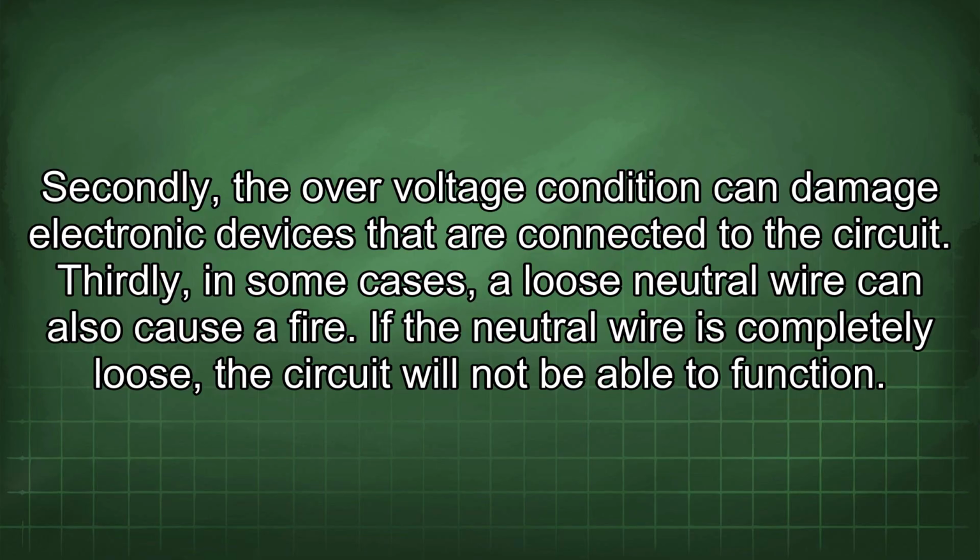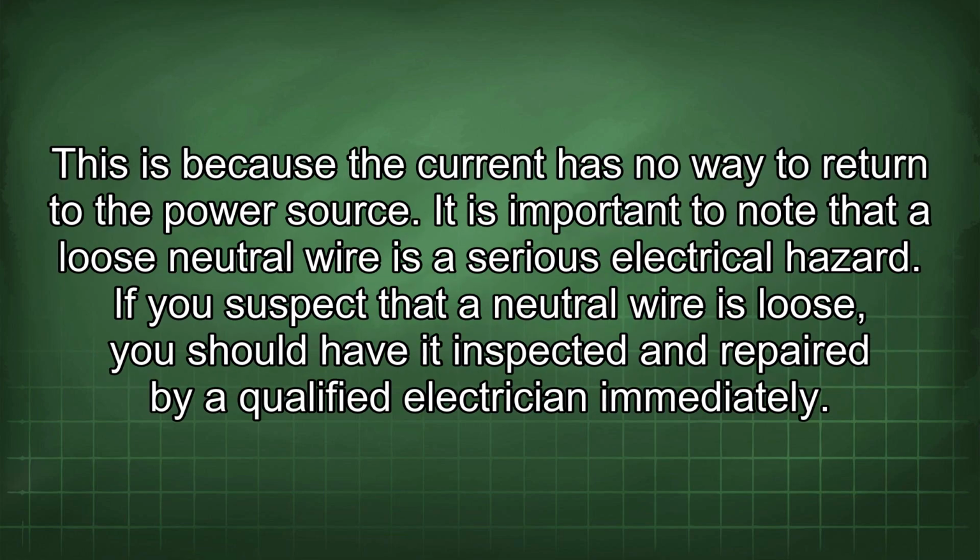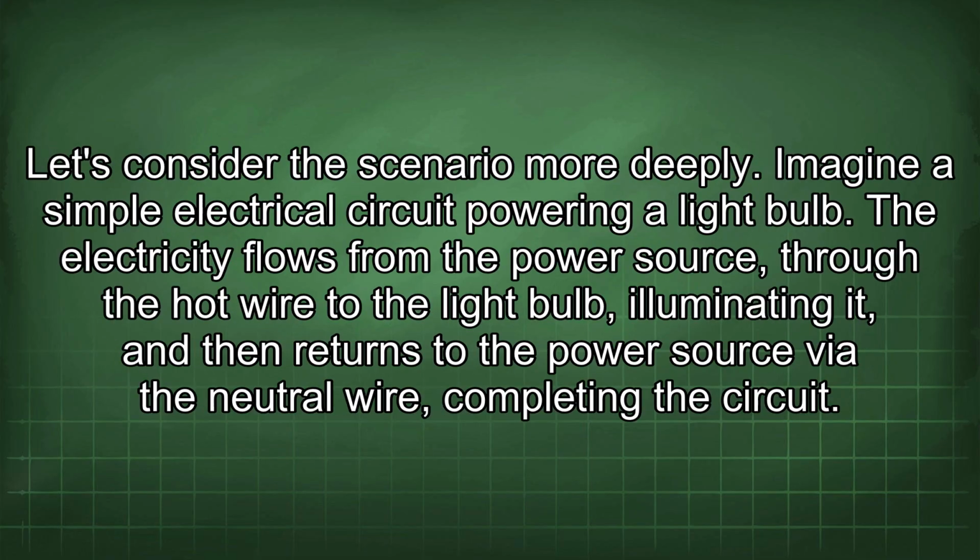If the neutral wire is completely loose, the circuit will not be able to function. This is because the current has no way to return to the power source. It is important to note that a loose neutral wire is a serious electrical hazard. If you suspect that a neutral wire is loose, you should have it inspected and repaired by a qualified electrician immediately. Let's consider the scenario more deeply.